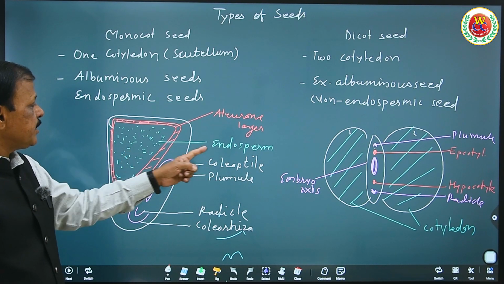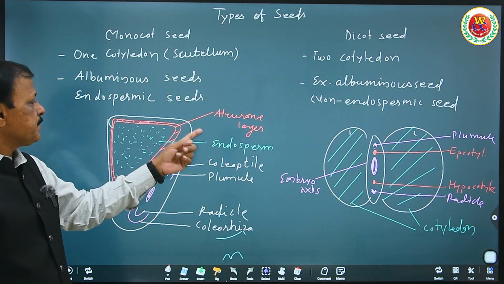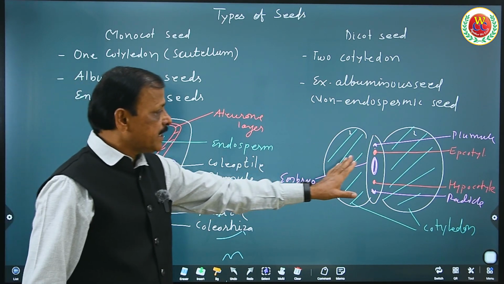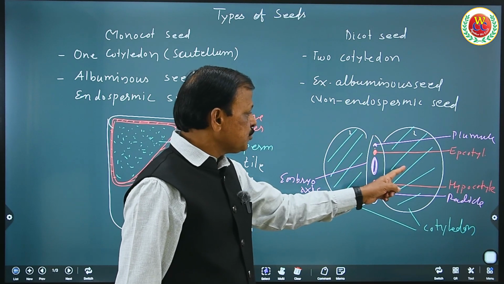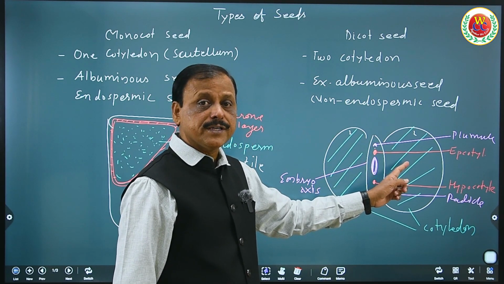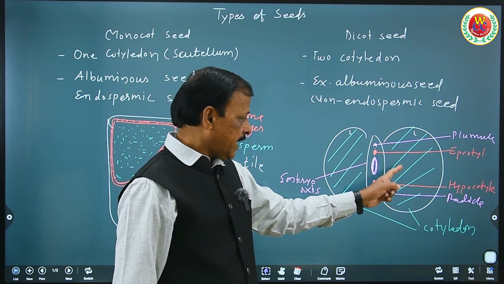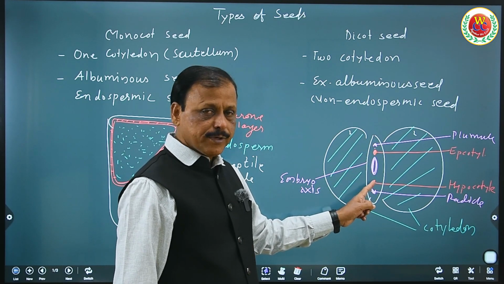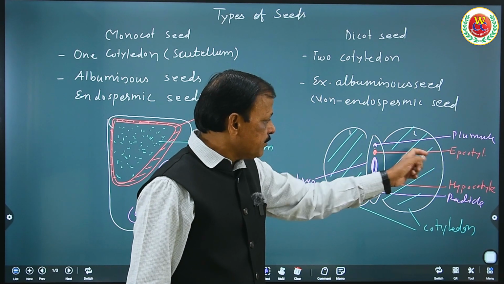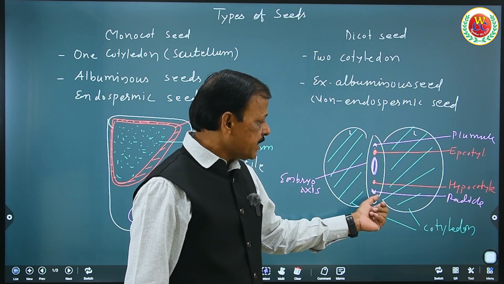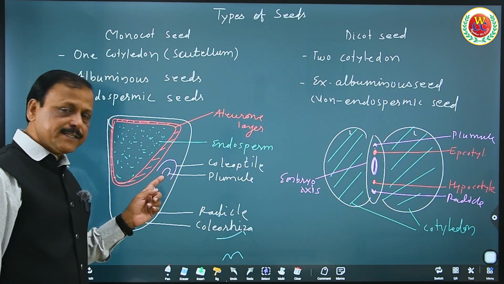Why are these seeds called endospermic? Because endosperm is present even at maturity. Here endosperm is not present. It is utilized to develop these two primordial leaves called cotyledons that are nutritious, and this embryo is fully developed. So, the embryo axis has epicotyl which terminates into plumule, hypocotyl which terminates into radicle, but here it is not so.